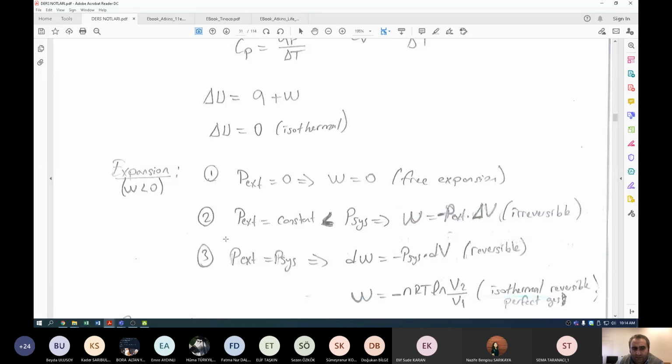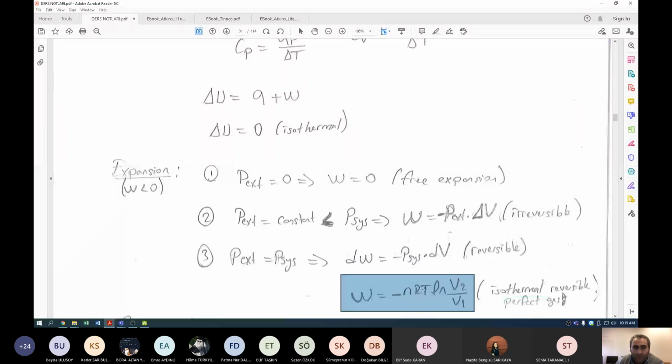It can also be equal to P system, which is what we call a reversible process, in which we describe P system as nRT over V. And since it's nRT over V, integration on both sides yields the work as this one.